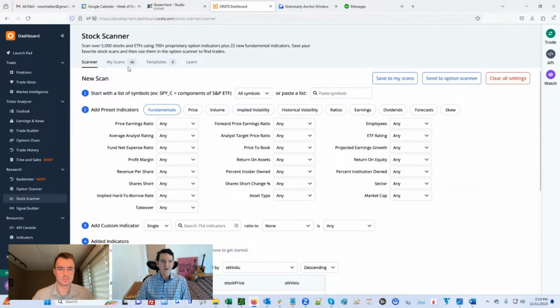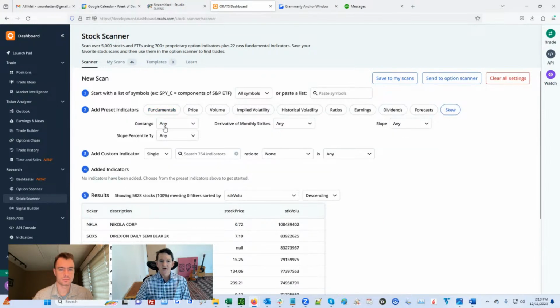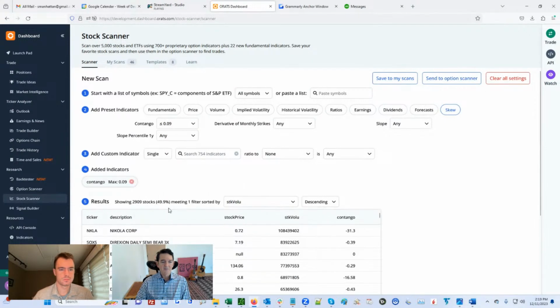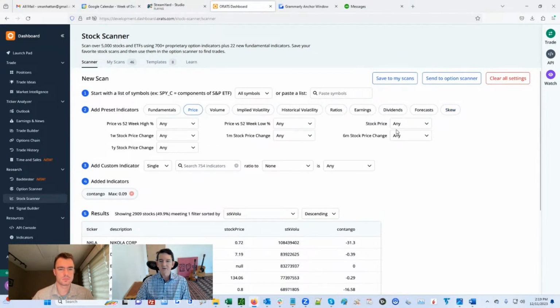Going to clear the settings out, and we're going to build a scan that looks for ETFs that have large contango. So here's contango in the skew category. We want negative contango, so we want low. Let's go bottom 50%, and we want a stock price.